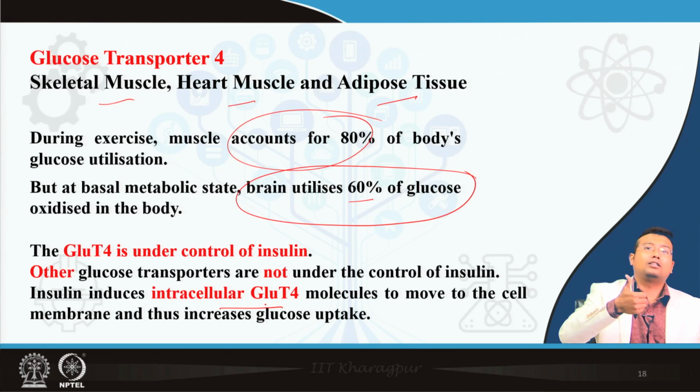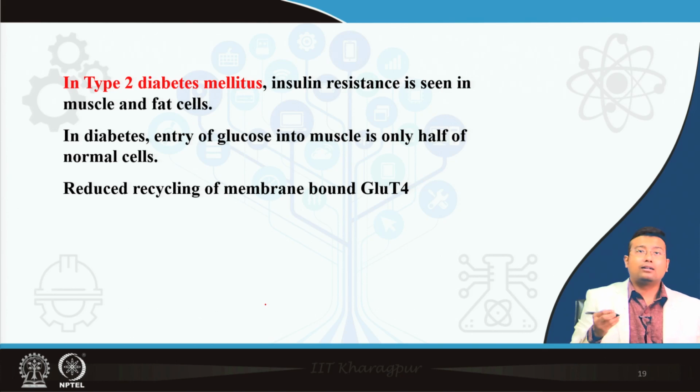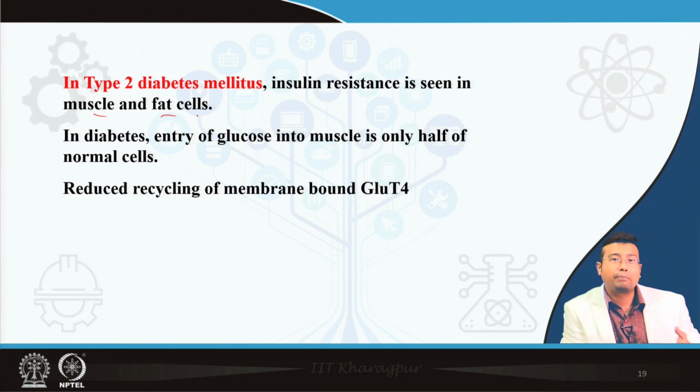So when there is more insulin, the peripheral blood glucose will drastically reduce, because all the glucose will get inside the cell, and this is hampered in diabetes mellitus, especially type 2, where there is insulin resistance, that is seen in muscle and fat cells, where mainly GLUT4 is present.